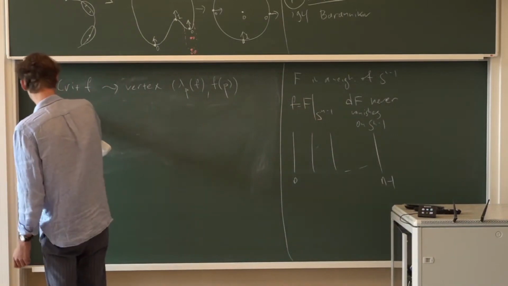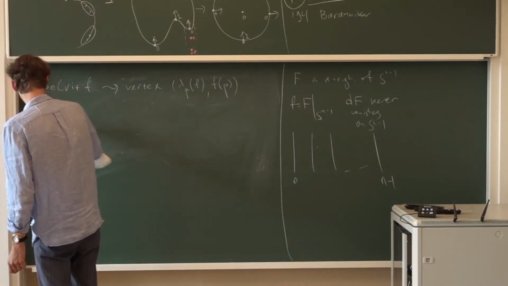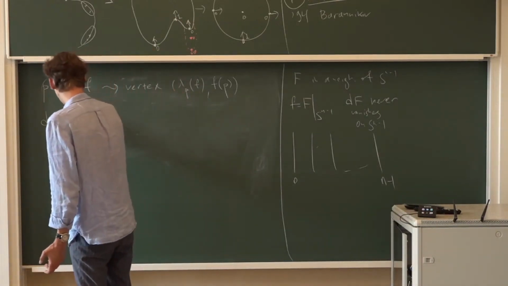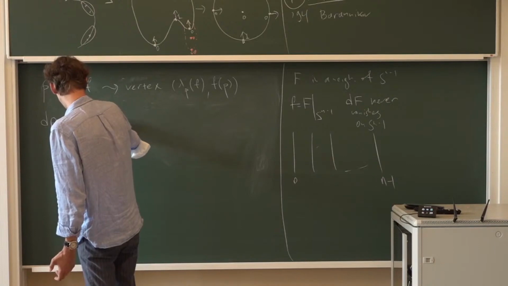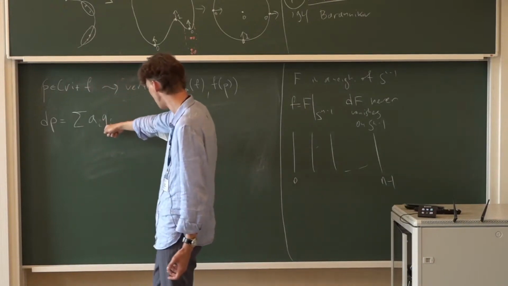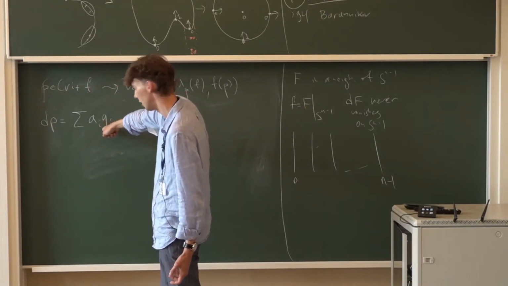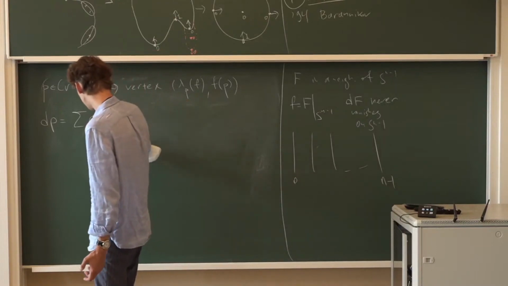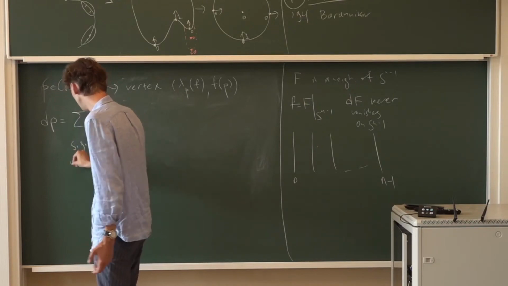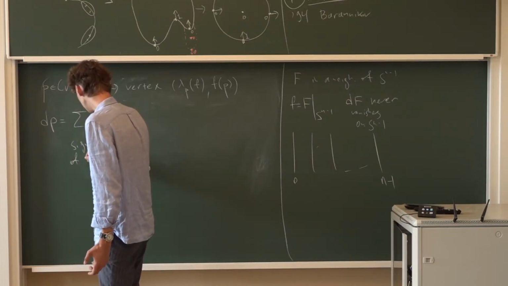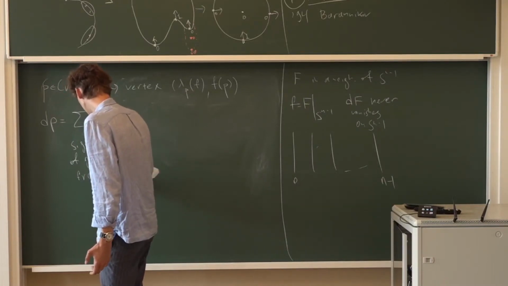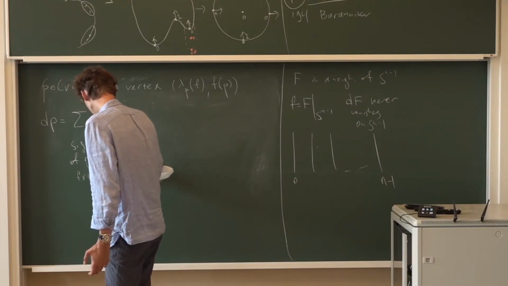And you look at the usually defined differential in the Morse complex. It's some linear combination of critical points of index 1 less. And this coefficient is just the signed number of gradient lines from P to Qi.